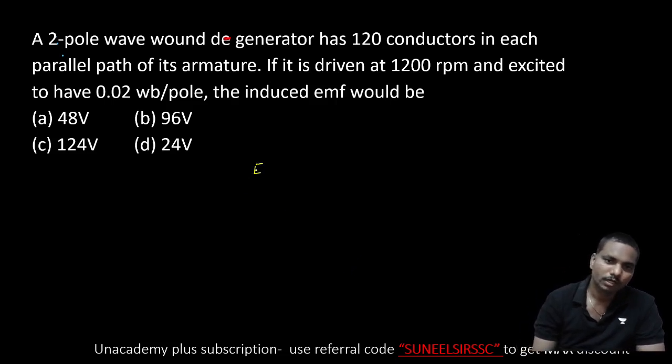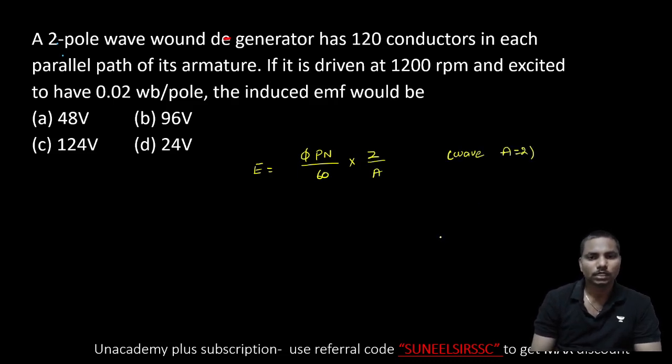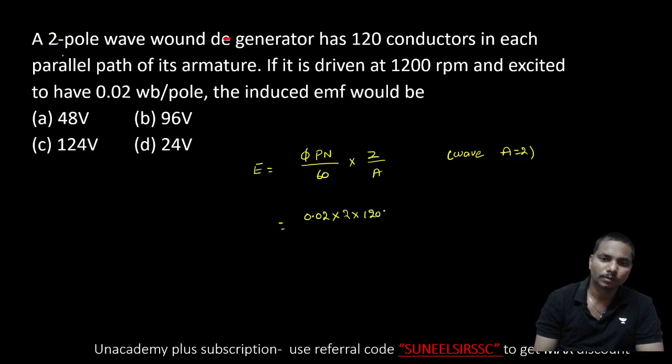So same formula, EMF is equal to ΦPN by 60 into Z by A. It is a wave winding, in the sense number of parallel paths are 2. So Φ is 0.02, poles are 2, speed is 1200 RPM by 60 into number of conductors.